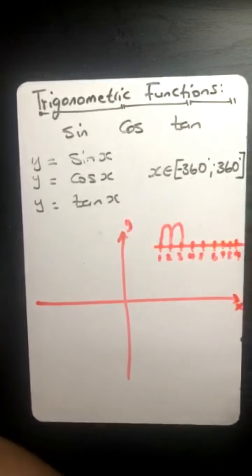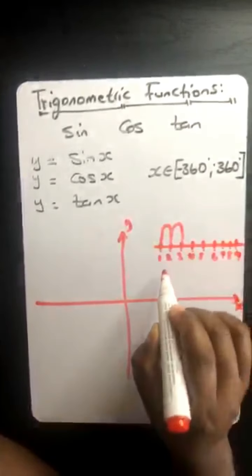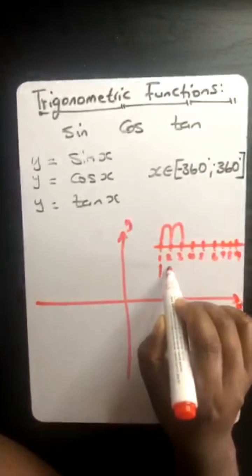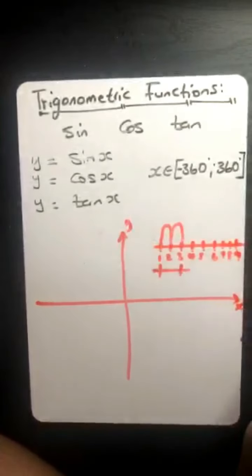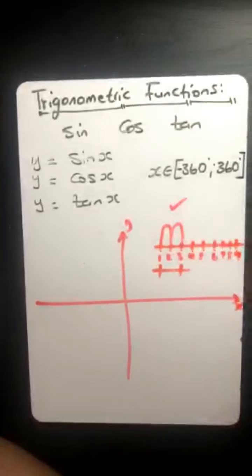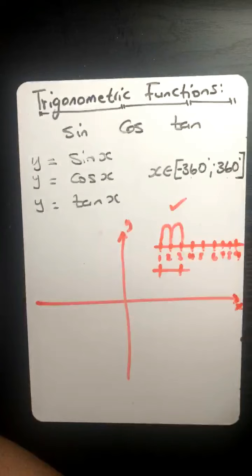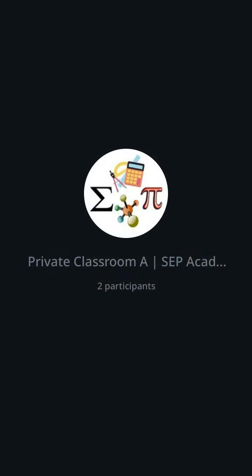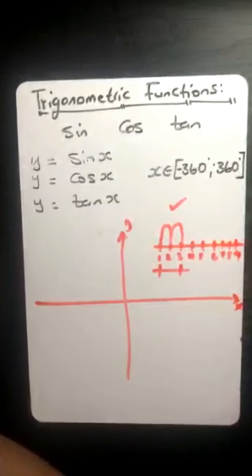Yes, it's the letter M. So when we talk about the period, we want to know how many angles or how many values are needed for M to complete its shape. Yes, sir. How many values do we need for M to complete its shape?